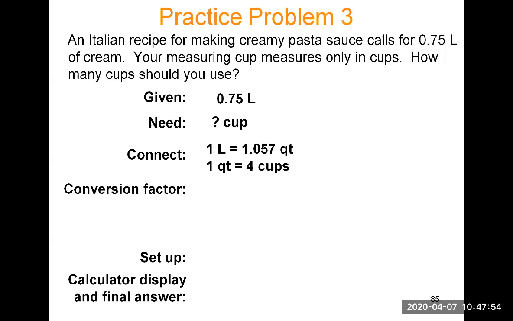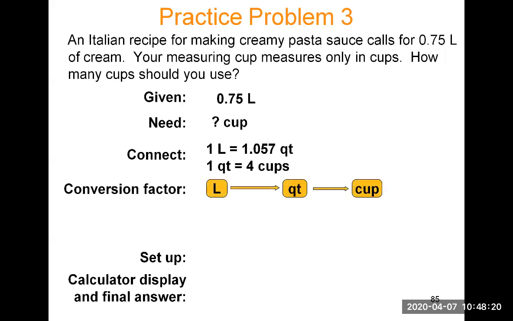Before you decide on the conversion factors, I like to use what I call a roadmap that shows the units you start with, the intermediate unit you have to go through, and then the final unit you want to have. And that will help you write down the conversion factors.